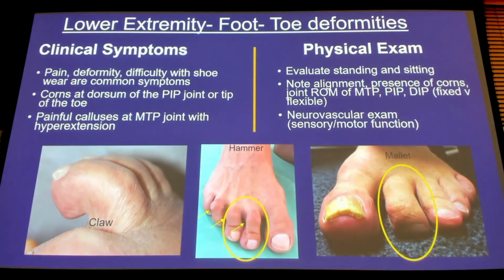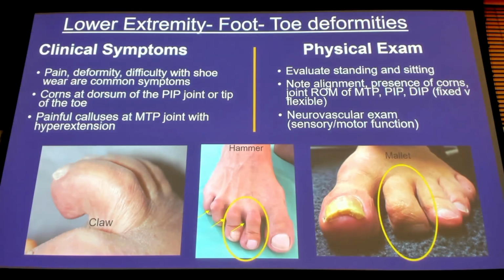So, with all of these different conditions, the patients present usually with some corn or some sort of built-up callus wherever that toe is in flexion, right? And the reason you have the callus where the joint is in flexion is because the top of the shoe tends to rub against it and just continues to irritate the area.